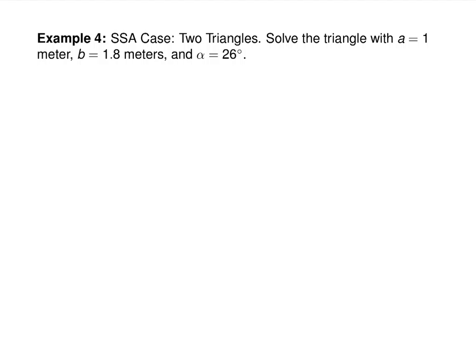So you have this little acute angle alpha. My triangle is totally not drawn to scale, but this is 1. This is 1.8. Don't know beta, c, and there's the gamma.